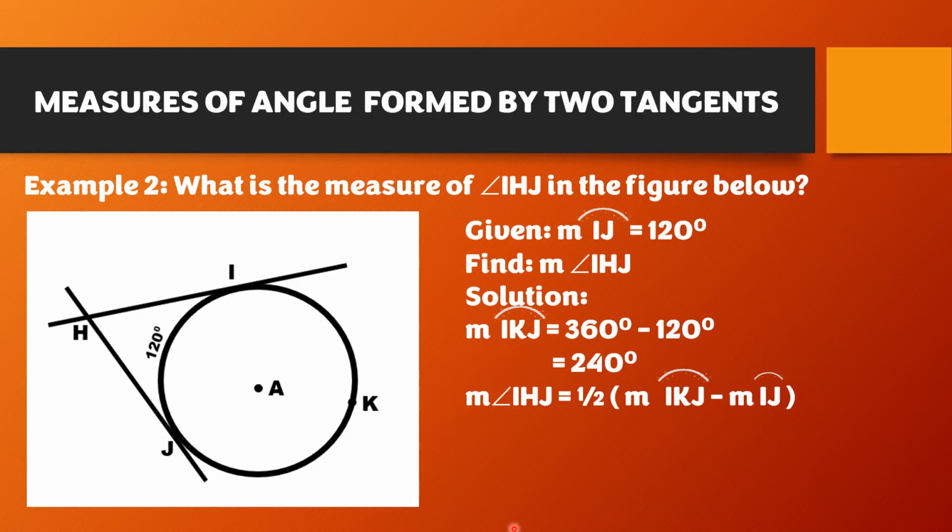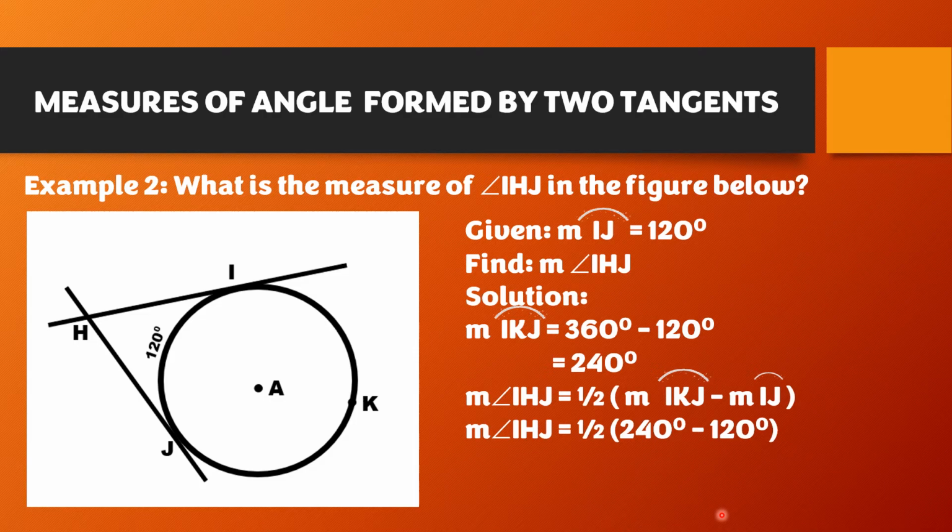Next, we're going to solve for the measure of angle IHJ, and that is equal to 1/2 times the measure of arc IKJ minus the measure of arc IJ. By substitution, the measure of angle IHJ is equal to 1/2 times 240 degrees, the measure of arc IKJ, minus 120 degrees, the measure of arc IJ.